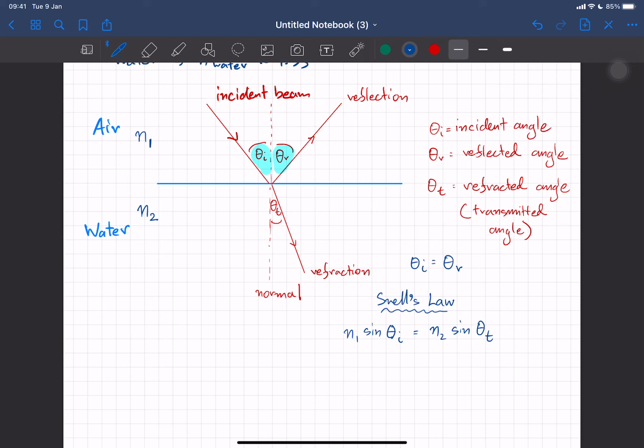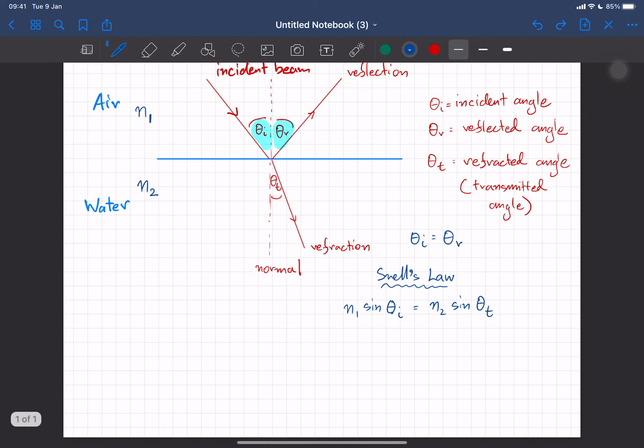Okay, and if you know the angle of incidence and you know the refractive indices of the first medium, which is air in this case, and the second one, which is water, then you can calculate theta t, the refracted angle, using this formula.